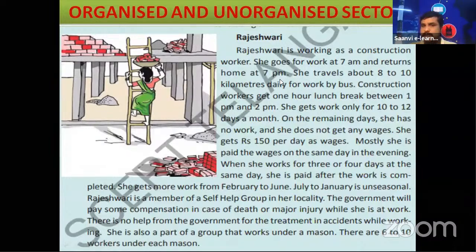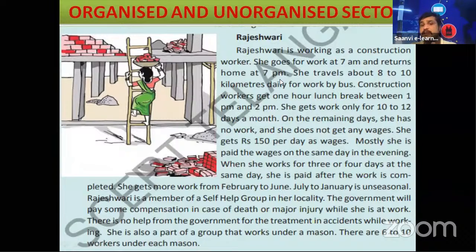Mostly she is paid the wages on the same day in the evening. Wage, or coolie, we call it generally. When she works for 3 or 4 days, she is paid after the work is completed. She gets more work from February to June; July to January is unseasonal.